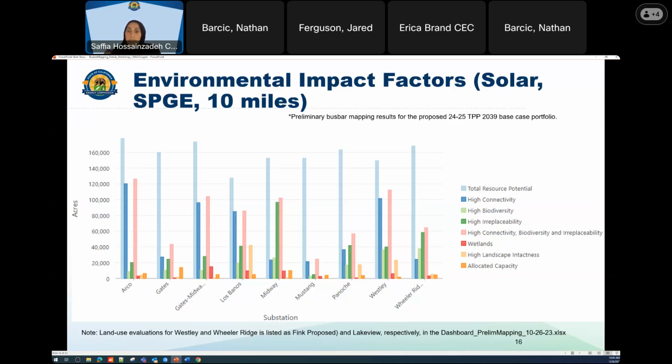And that, of course, feeds into determining the alignment level. I also have plotted the allocated capacity for each of these substations, so you can see what level of potential constraints that acreage would face if it was going to be supported, if it was actually going to be built in this area.